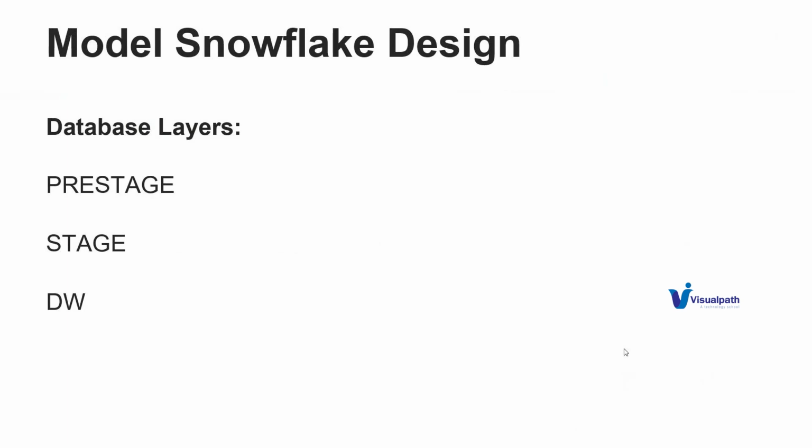So here we will create 3 different layers of databases: pre-stage, stage, DW. Pre-stage will hold all the raw data, and the stage is where data load happens. Then we will move that to the stage layer, and finally the DW layer will be full, where by joining all the stage tables, we will create one set of information, a fact data, and give it to the reporting team.